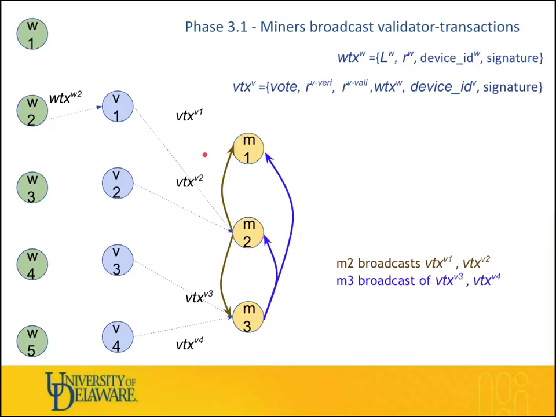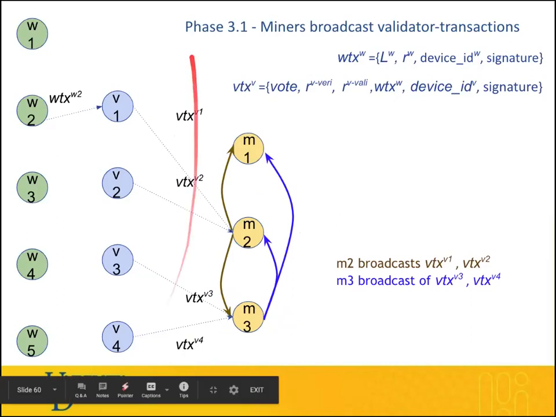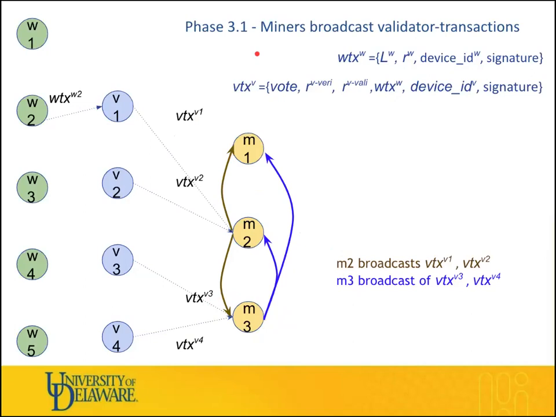After the miners receive the validator transactions, like validators, they would broadcast the received validator transactions to each other, so that each miner has the voting result from every validator for this LW2 contained within the worker transaction W2, WTXW2.